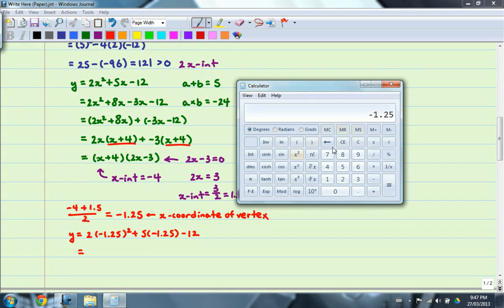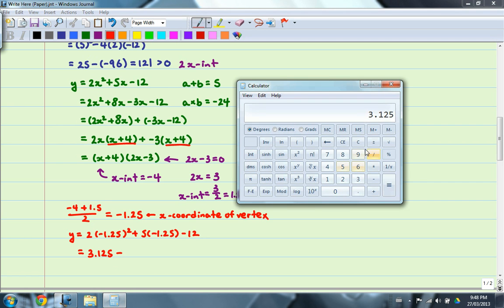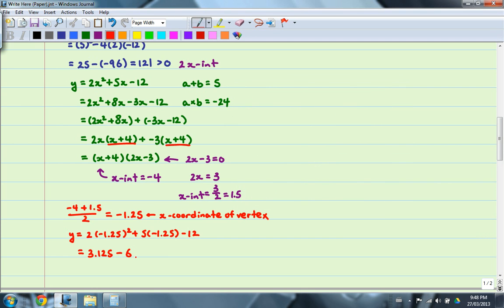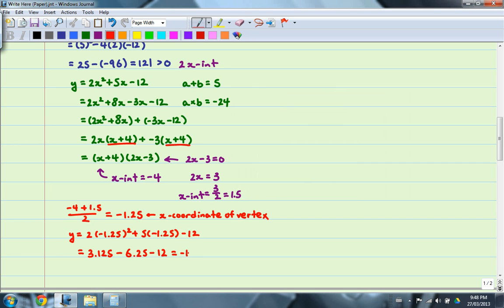So 1.25 squared times 2 is going to be 3.125, minus 5 times 1.25, which is 6.25, and finally minus 12. So that will leave us with 3.125 minus 6.25 minus 12. So negative 15.125. And that will be our vertex.